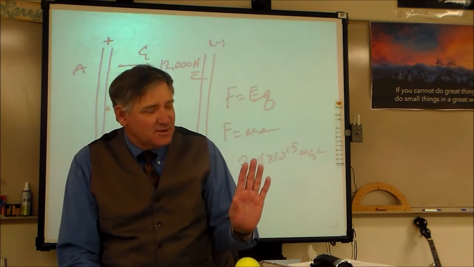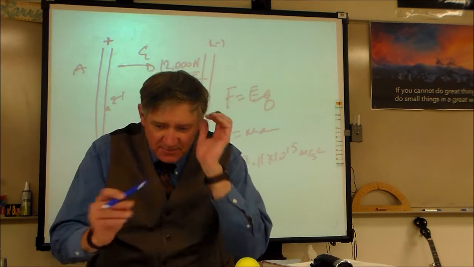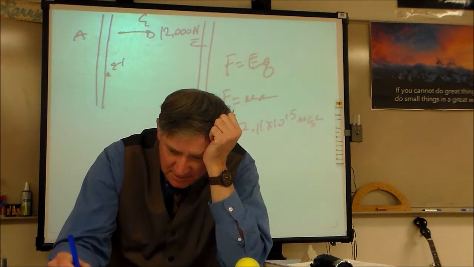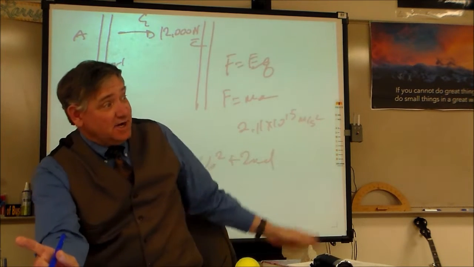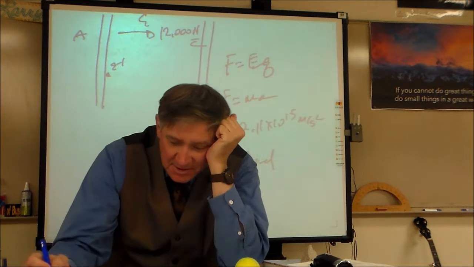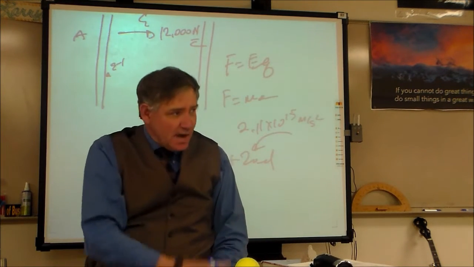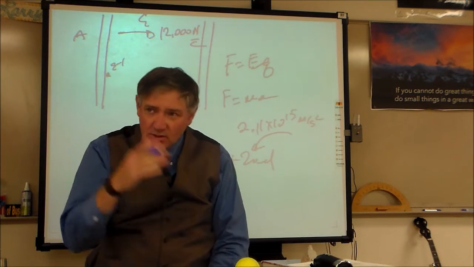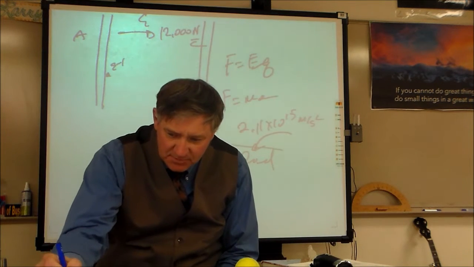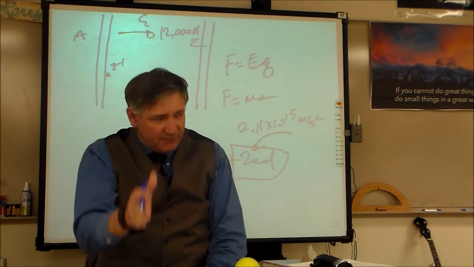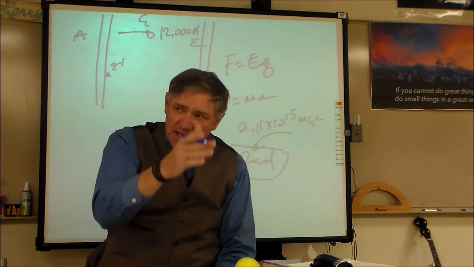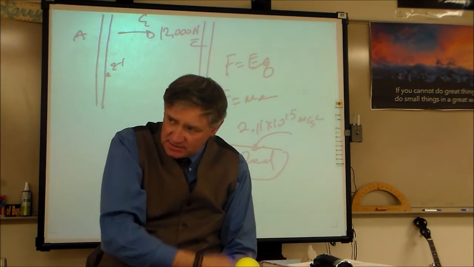So look at this in terms of V squared equals V naught squared plus 2AD. And you all did this, right? But here's the deal. You have to make that acceleration a negative value, okay? That's the only way you subtract that value from that V naught squared. That's how you get a velocity that's smaller.